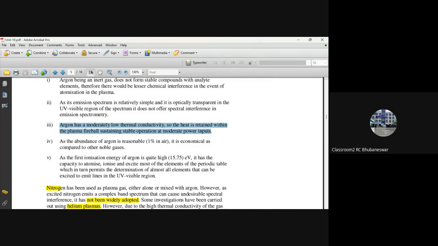Since it has low thermal conductivity, the plasma temperature, whatever you want to maintain for a specific analyte to be studied, you can maintain it, because the argon you are passing has low thermal conductivity. Also, as the abundance of argon is reasonable, about 1% in air, it is economical as compared to other noble gases.